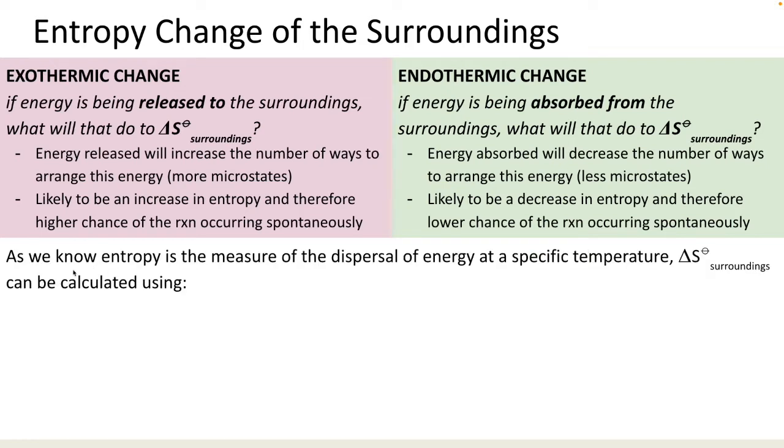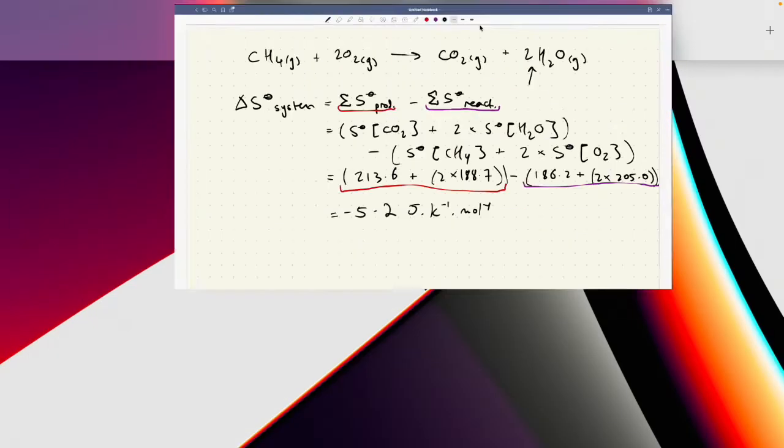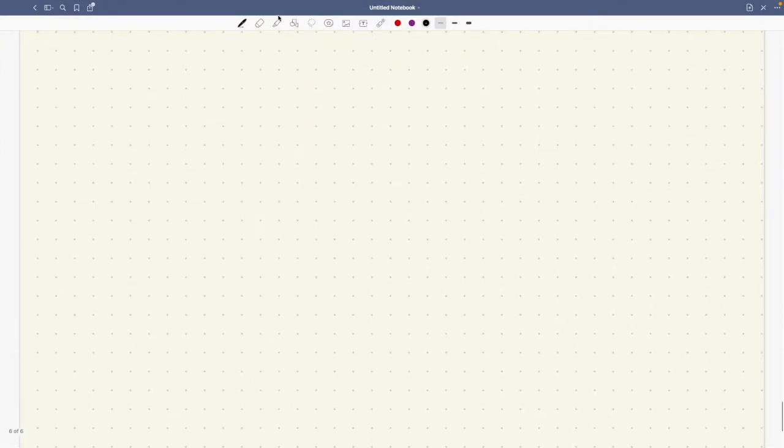All right, as we keep saying, entropy is the measure of the dispersal of energy at a specific temperature, which we have been writing as our entropy. Entropy is the dispersal of energy per temperature.